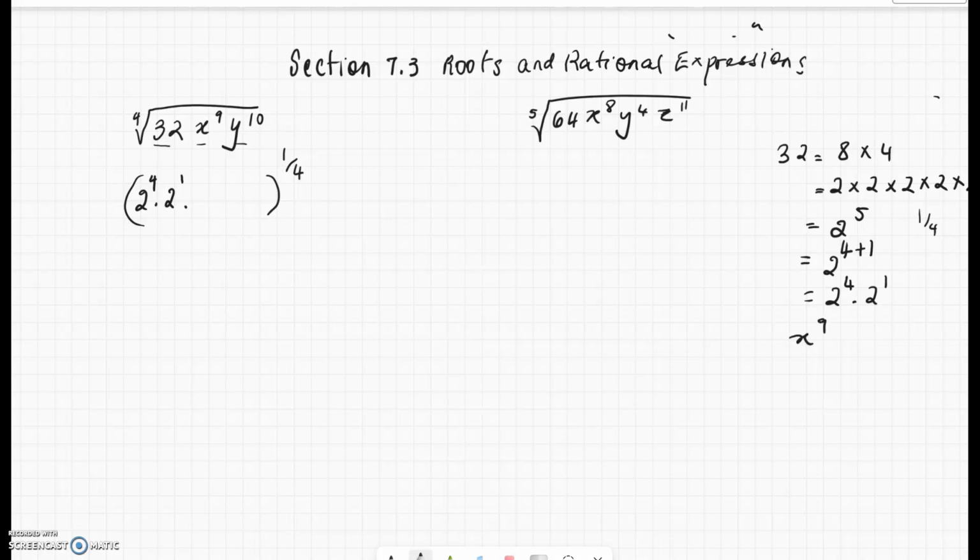Then x to the 9th is x to the largest multiple of 4, which is 8, and then there's one more. So that is x to the 8 plus 1. It's 8 because we want to be able to divide by 4.